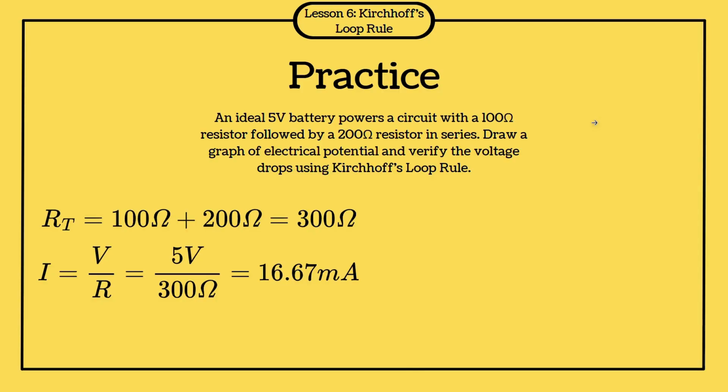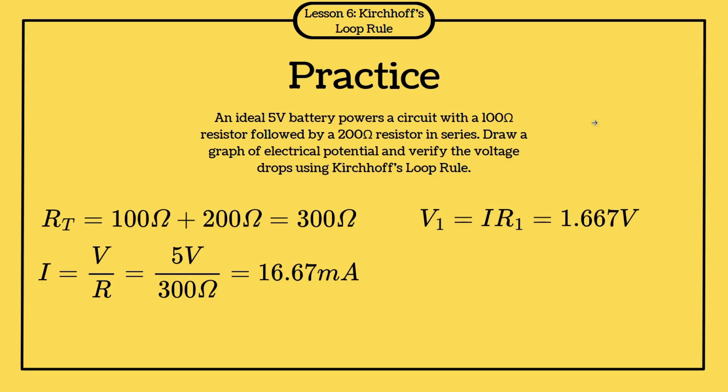The next step is to calculate the current passing through the circuit using Ohm's law. We know that I equals V over R, our voltage is 5 volts, and our total resistance is the 300 ohms that we just calculated. So 5 volts divided by 300 ohms is 16.67 milliamps.